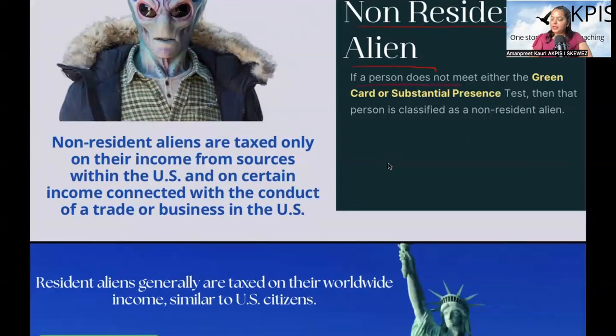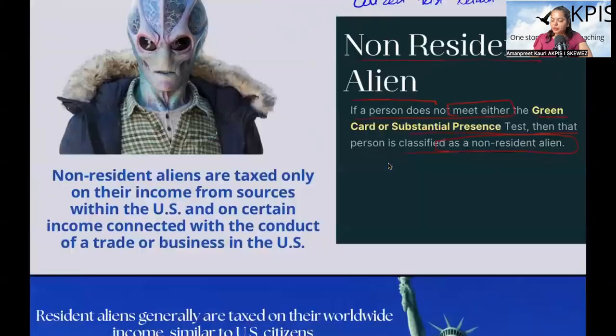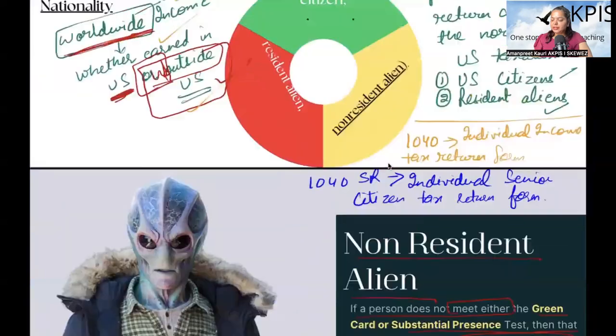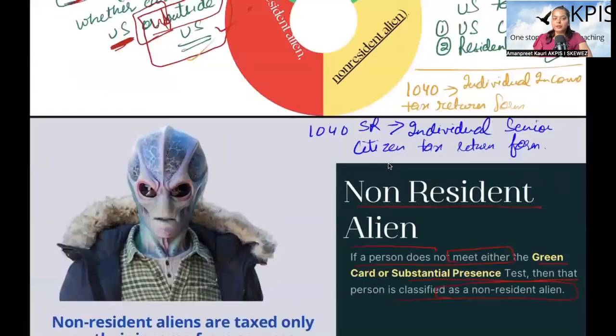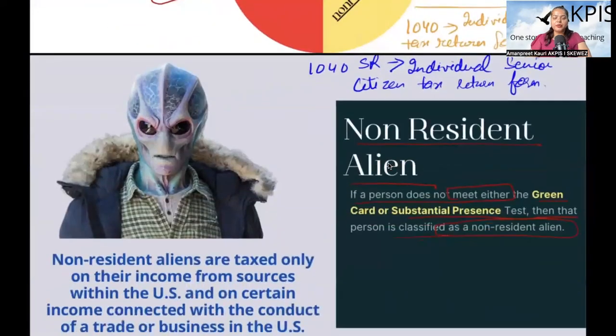If a person does not meet either the green card test or substantial presence test, then the person is classified as a non-resident alien, right? So resident alien, we will discuss further, because they are supposed to satisfy either the green card test or 183 days or more, that we will discuss.